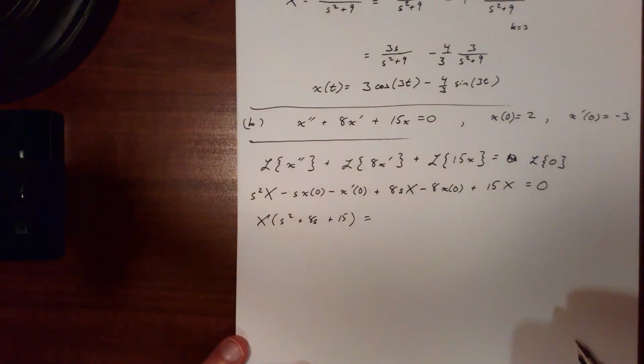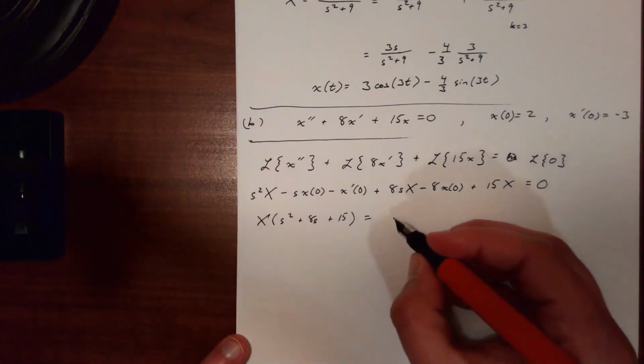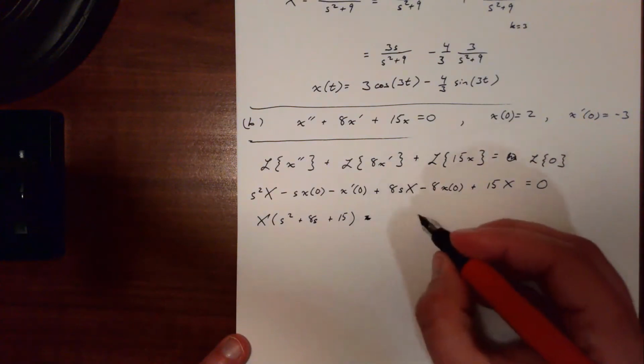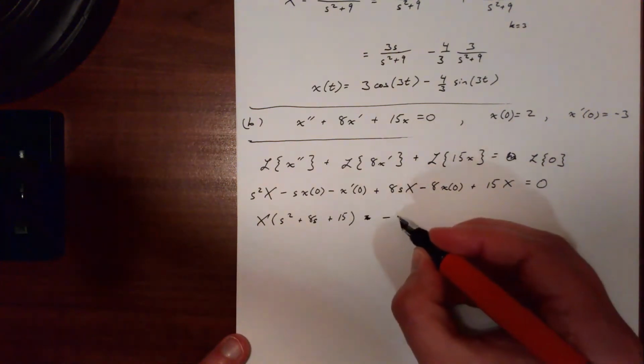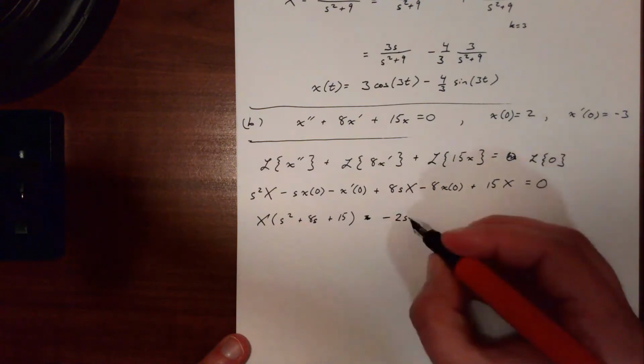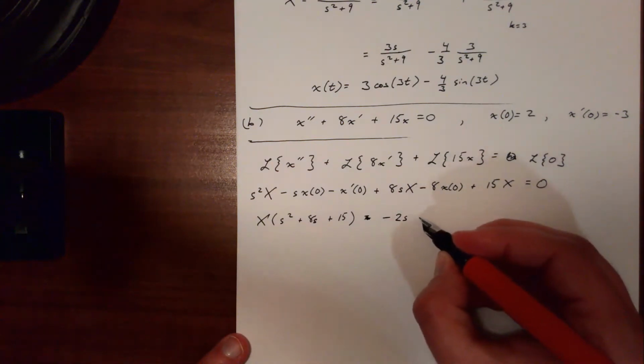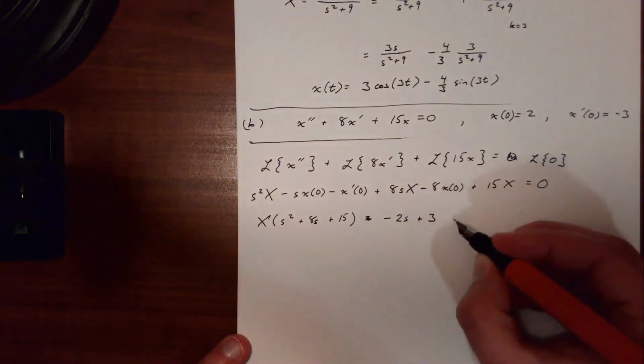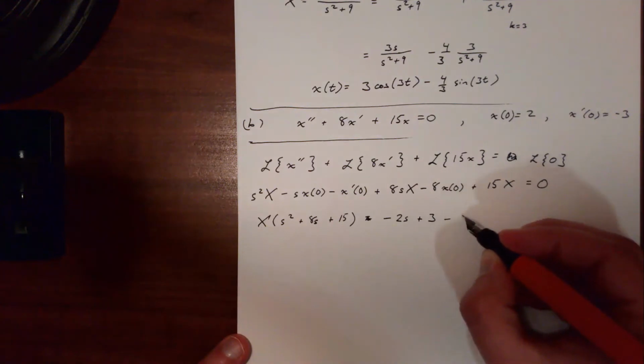And here, I'll move all the other things over. Or actually, I guess one step at a time here. So now I will take the initial conditions, plug them in. So minus 2s, plus 3, minus 8 times 2, which is 16.